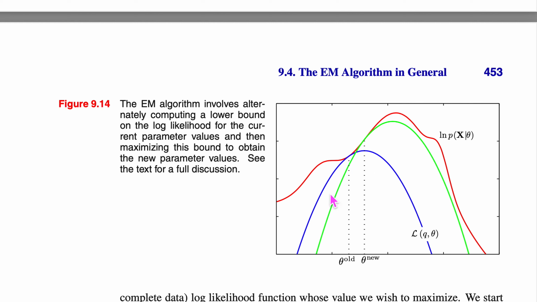This blue line is the current estimates, the current assignments of data points to clusters, the current Z value, and the current estimates of the model parameters. Okay? So we use this likelihood function, we update our model parameters, go from old to new.